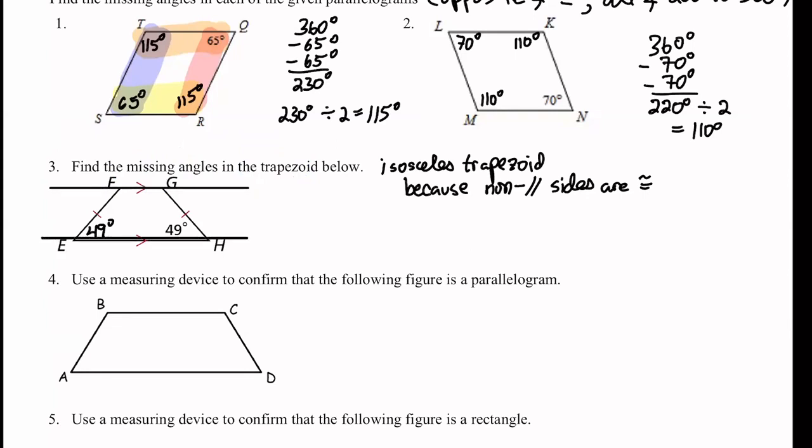I'll just focus on one of these transversals, or otherwise known as a leg of an isosceles trapezoid. So let's say this one, for example.